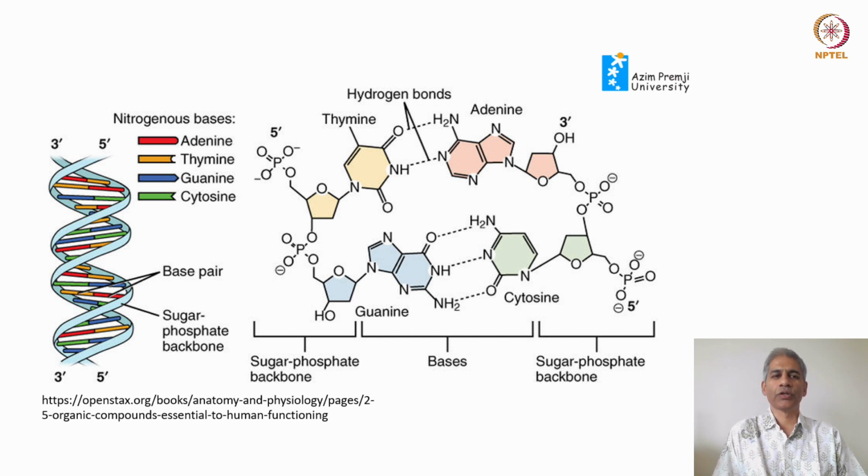The other thing to note is that if you look at the double helix shown on the left, you can have one major groove and one minor groove. And these are sites where proteins can bind to DNA. This becomes important when we talk about gene regulation or DNA replication.